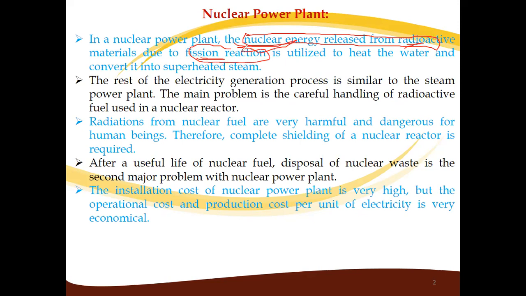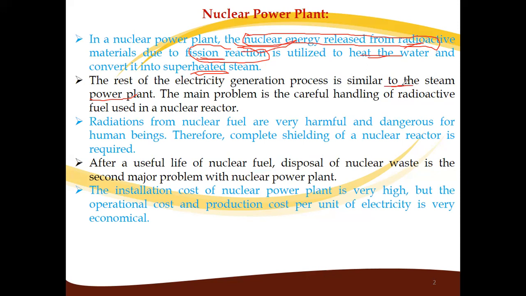This is used to heat the water and convert this water into superheated steam. The rest of the electricity generation process is similar to a steam power plant or thermal power plant.